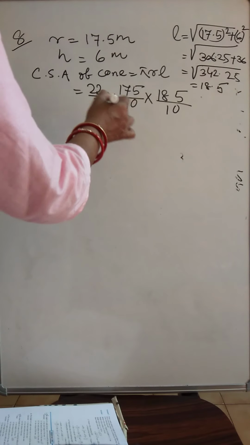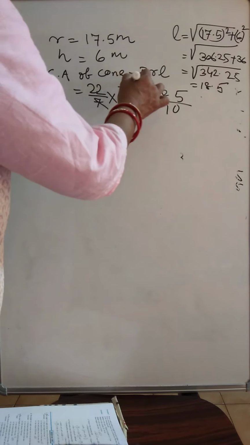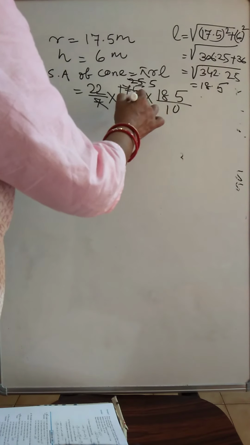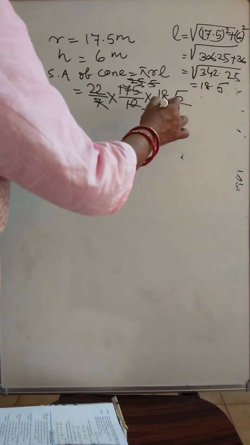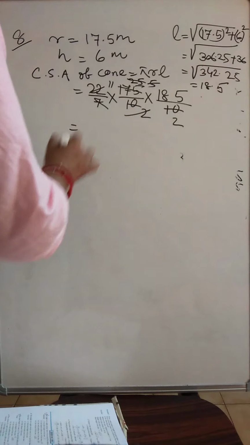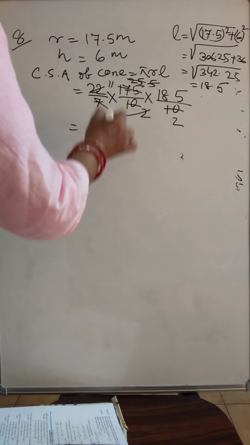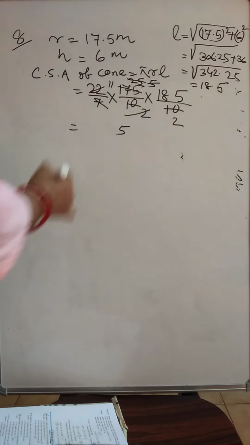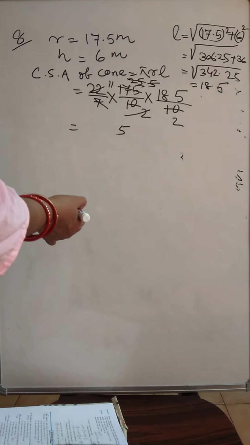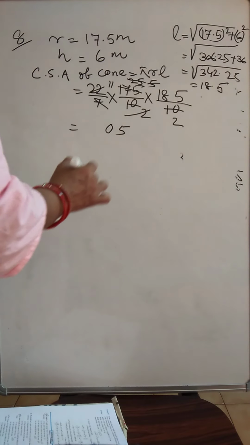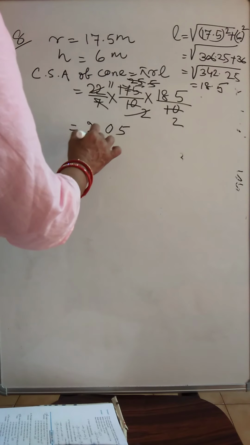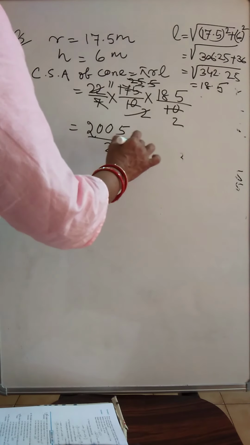Now 7 2s are 14. 7 5s are 5. This is 11. Now curved surface area is 11 5s are 55, 11 8s are 88, 88 plus 5, 99, 11 1s are 11 plus 1, 20 by 2.